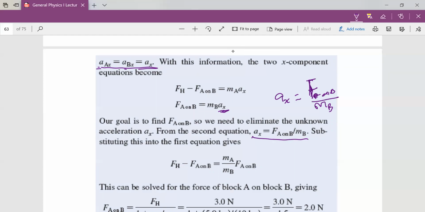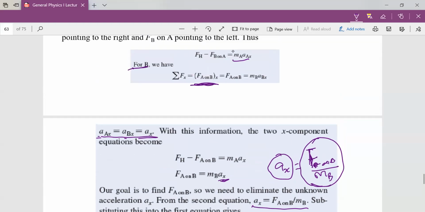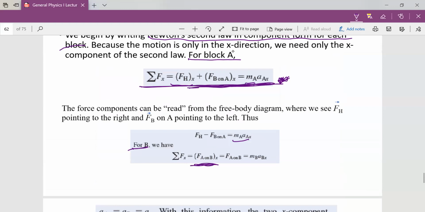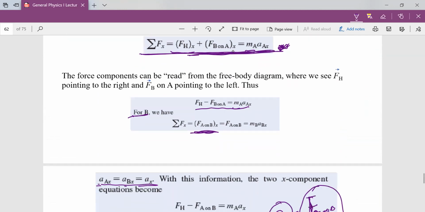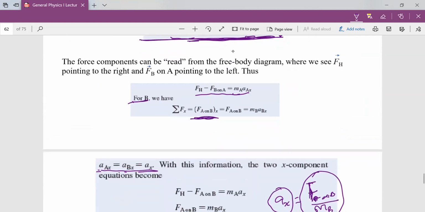So we can substitute this into the first equation, which is the equation for object A, because the acceleration is the same. Where we see acceleration in A, we can put this into the position. The first equation is the one we are using to solve the problem, FH minus FB on A equals MA.